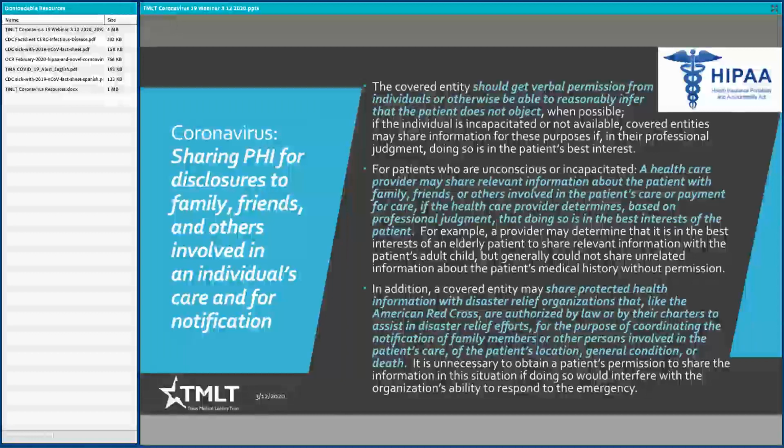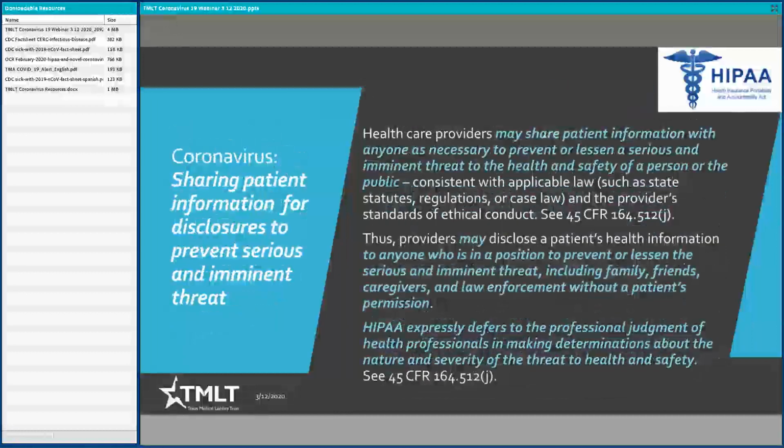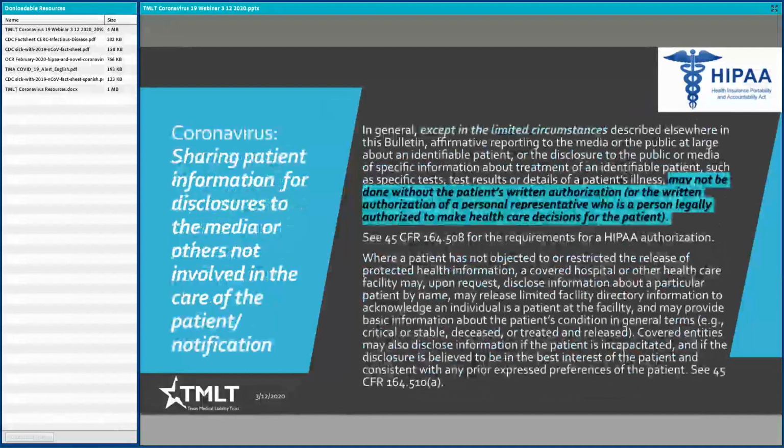A health provider may share relevant information about the patient with family, friends, and others involved in the patient's care, or for payment for the care, if the health provider determines, based on their professional judgment, that doing so is in the best interest of the patient. And certainly there are other examples where you can notify organizations such as the Red Cross if they're assisting in notifying family.